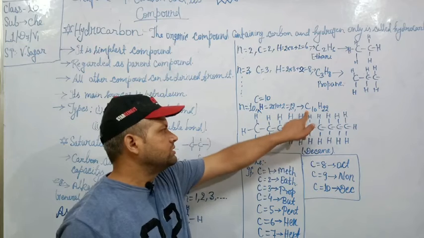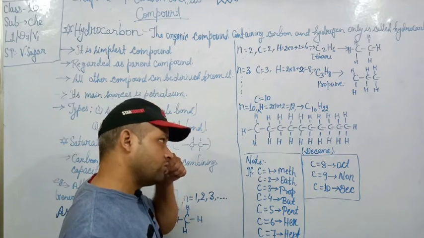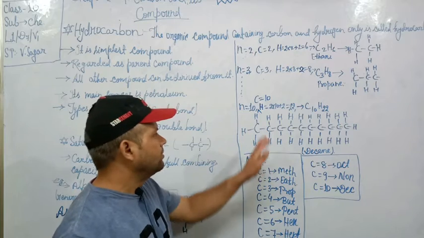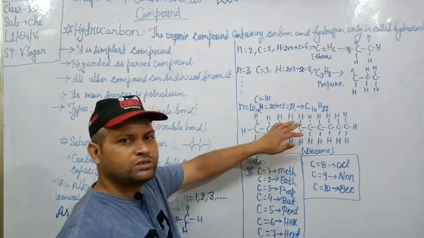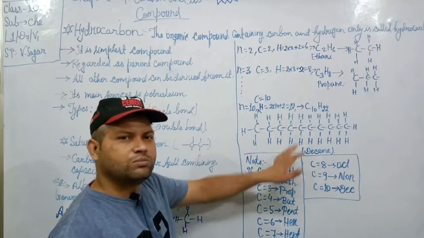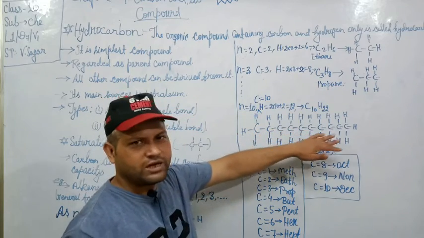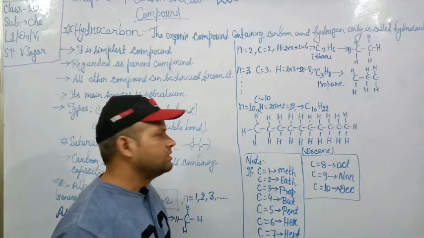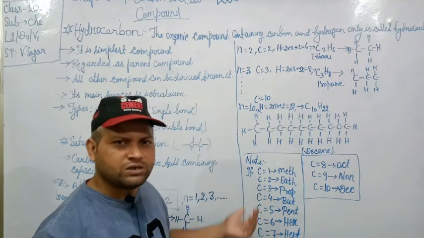So C10H22 is the molecular formula of the compounds which have 10 carbon atoms and 22 hydrogen atoms, and its structural formula is written in this manner. This is a straight chain, as I have taught you about it.